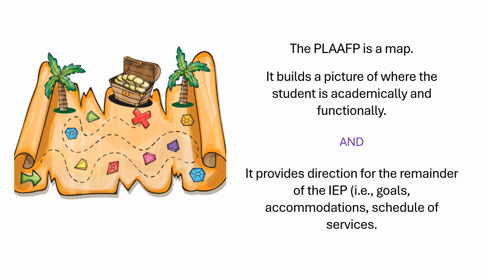Where should we have more goals? Can we reduce our goals? Do we need to tweak or revise our goals if we're in a review ARD? What should our accommodations look like? Our schedule of services? Because the picture of that student has been well painted in that PLAAFP. The ARD committee, because in Texas it's the ARD committee, should have a good picture of what the remainder of the IEP proposals should be in the areas of goals, accommodations, and services.